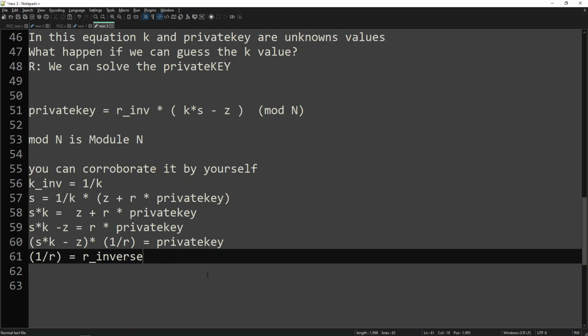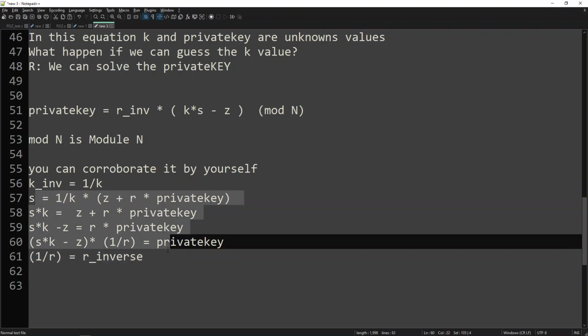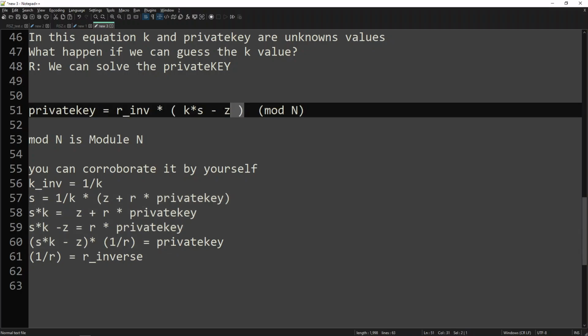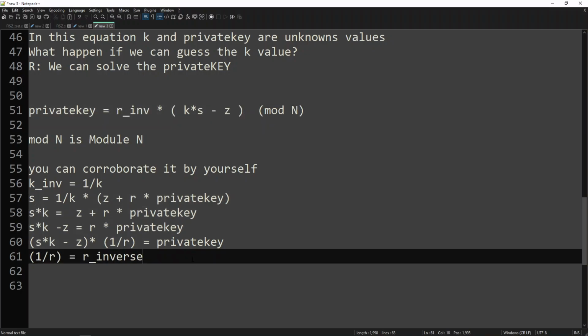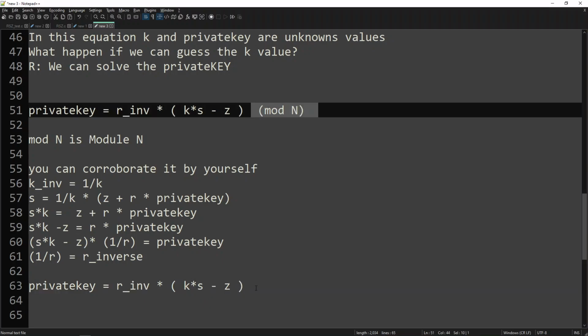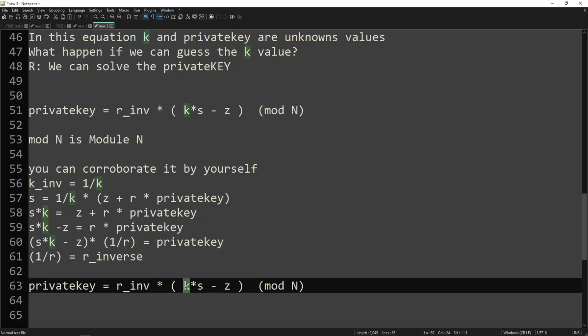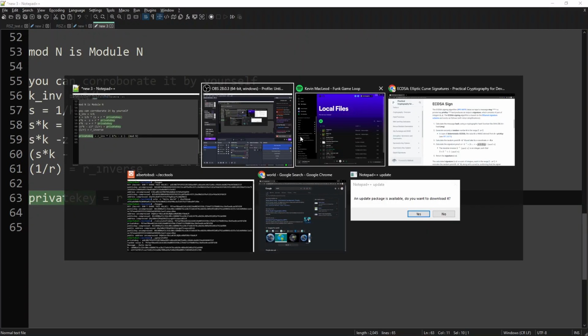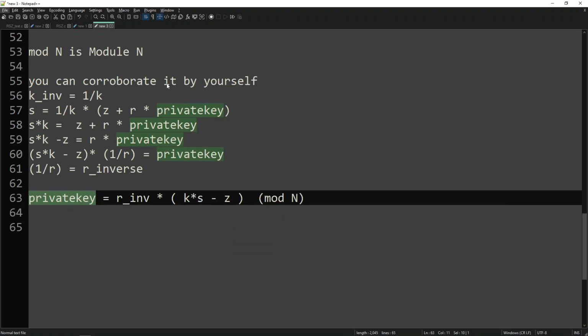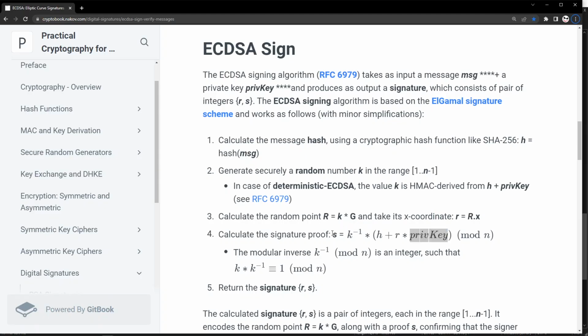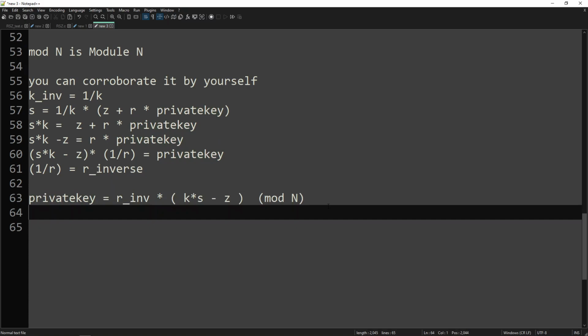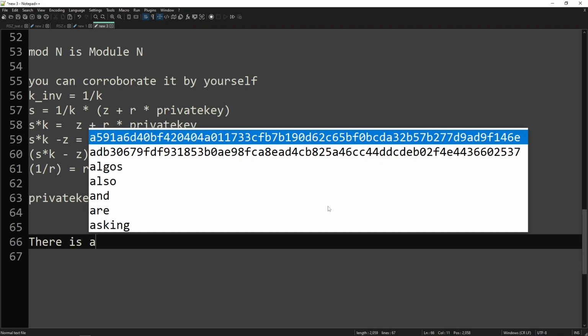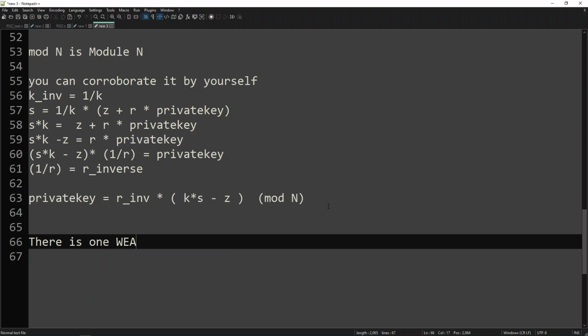Sorry. Okay, let's continue. So this is the way to get this equation. So if you know the k value, you can calculate the private key. So what's happened? There is one weakness.